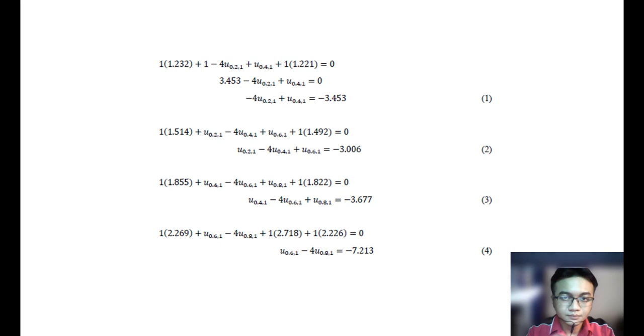These are the equations derived from the circle diagrams in the grids. For the first equation we get the summarized equation. Same goes to equation number 2, equation number 3, and equation number 4.